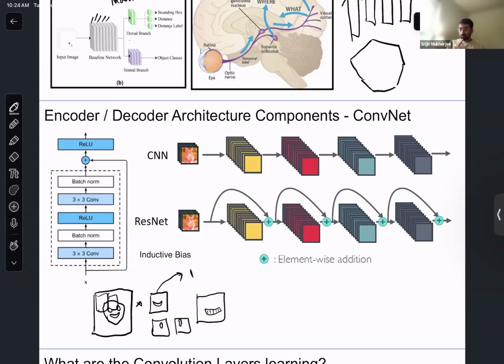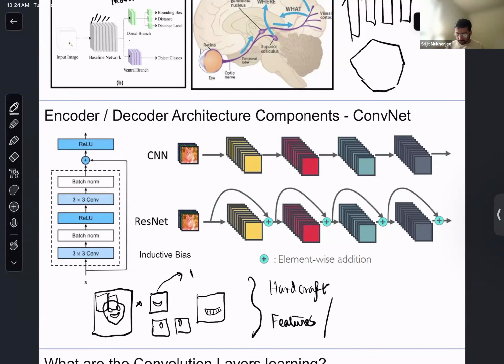So the most important question is that previously, before deep learning, people used to handcraft these features. But now, in the era of deep learning, they realized that with a large amount of data, these features automatically come up, are learned.